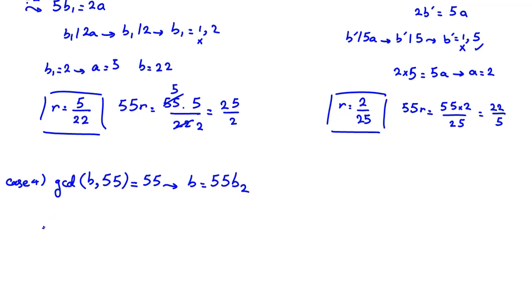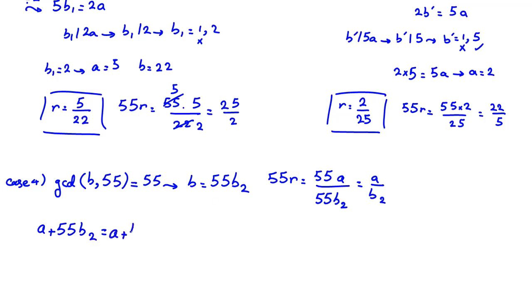So here, for R, the sum is A plus B, which is 55B2. For 55 times R, if you replace it, it will be 55 times A over B, and B is 55B2, so it is A over B2.